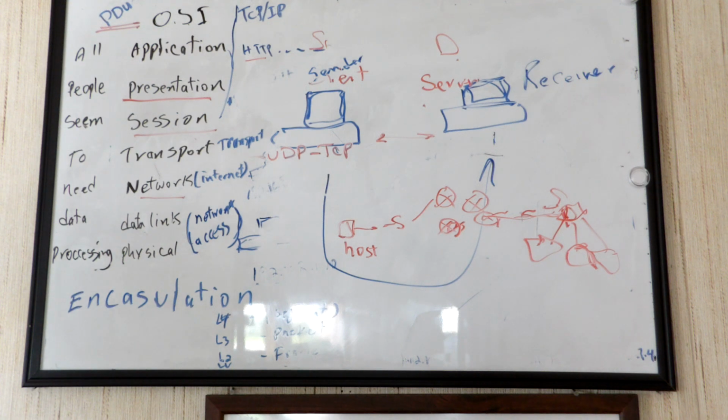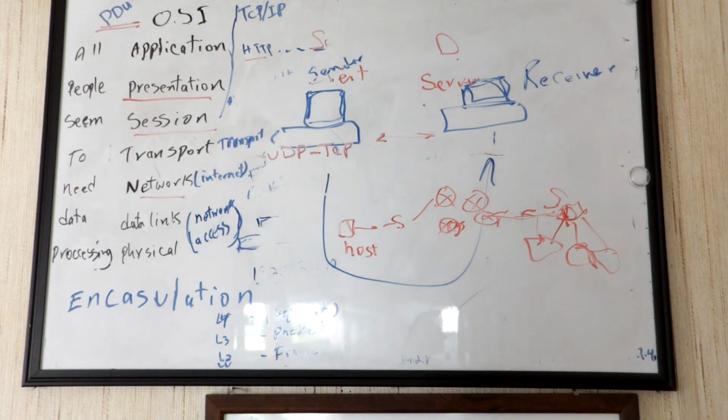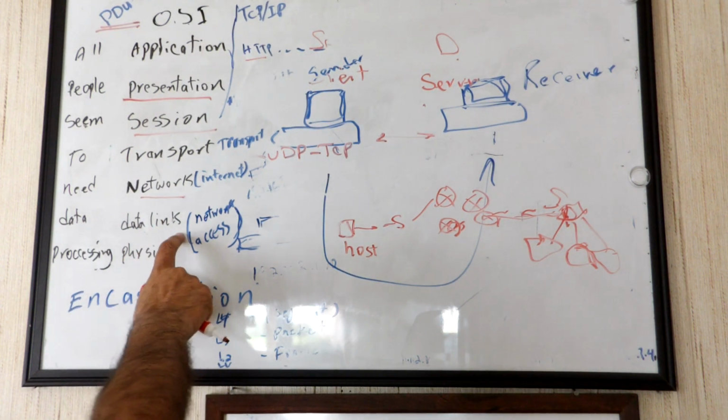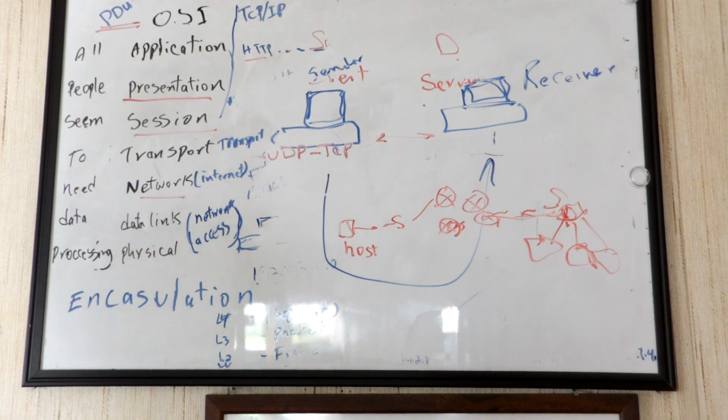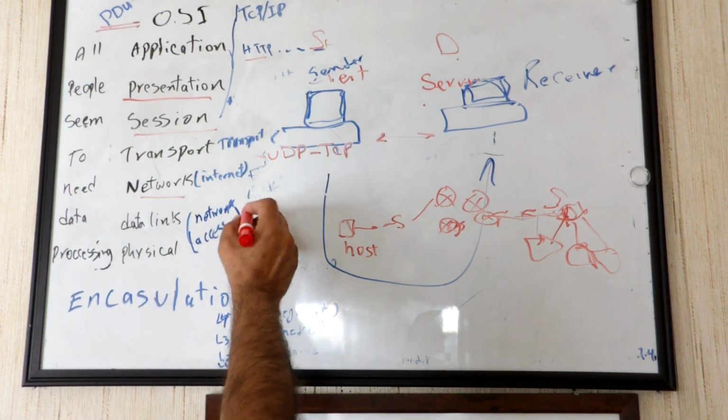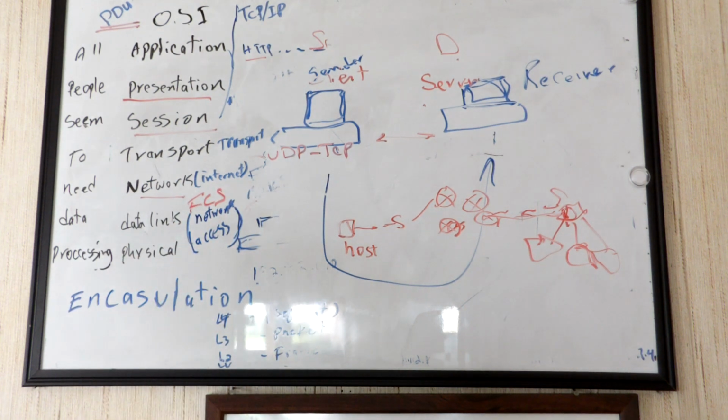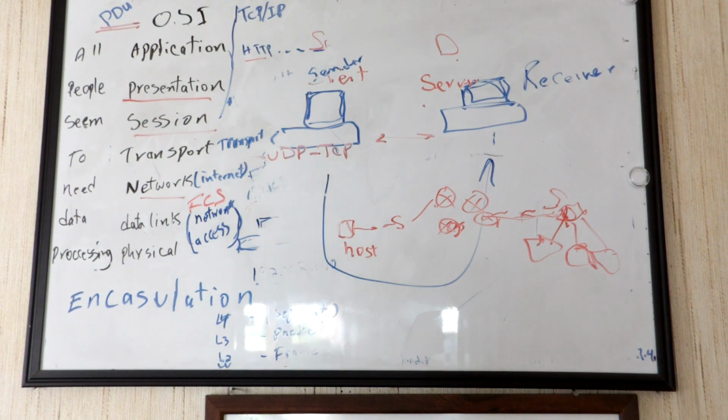At the data link layer, we transfer data frames from one node to another, and detect and correct errors using the FCS, the frame check sequence.